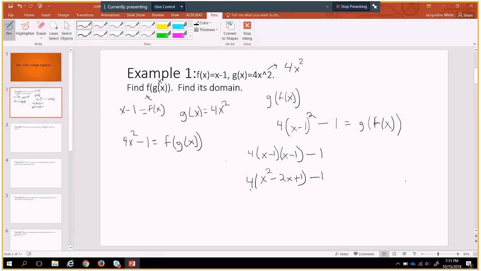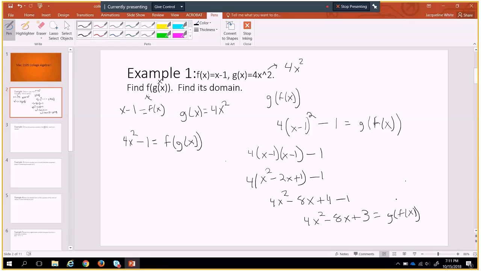We distribute that 4 inside and get 4x squared minus 8x plus 4 minus 1, and simplify further to get 4x squared minus 8x plus 3. That is our final answer for g of f of x.